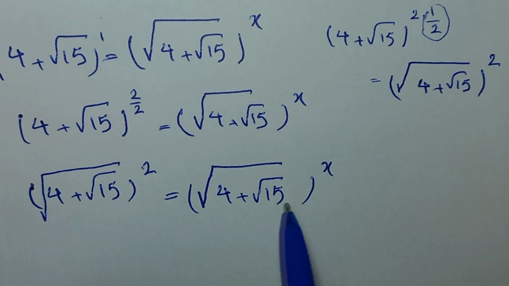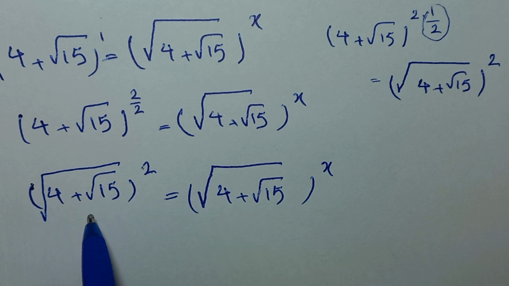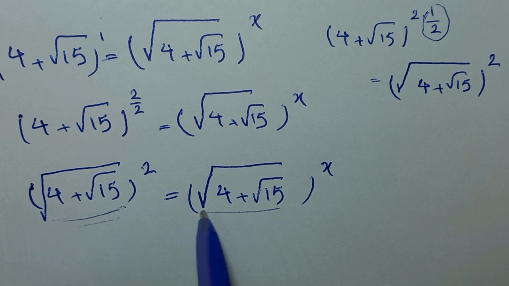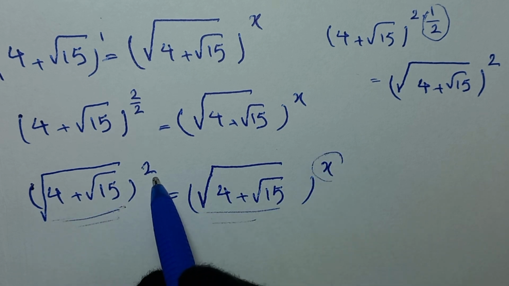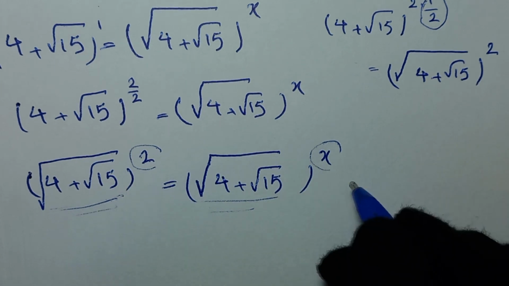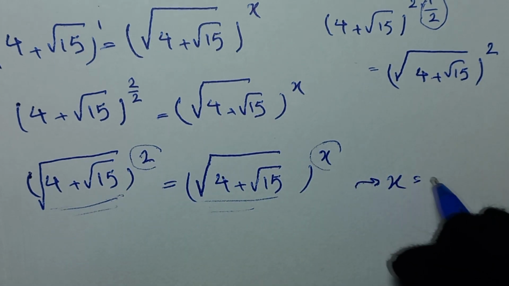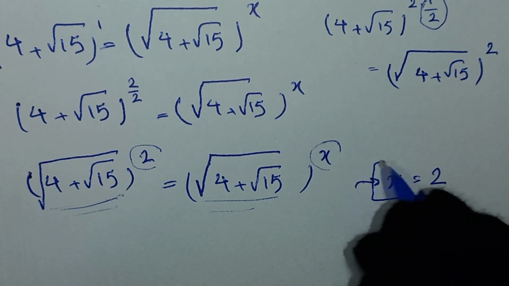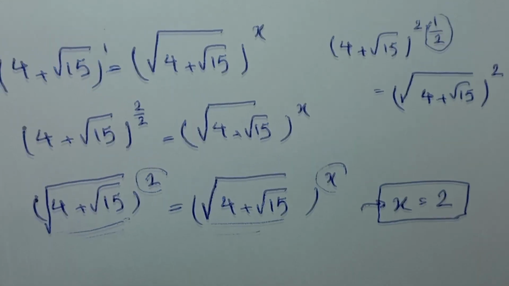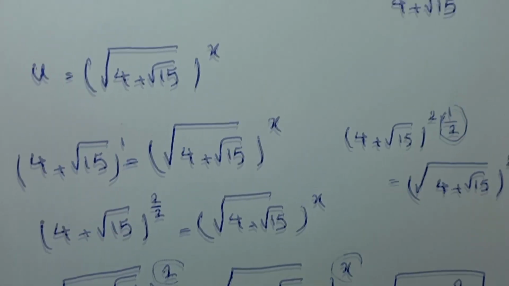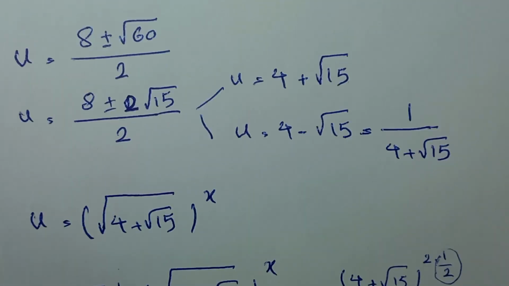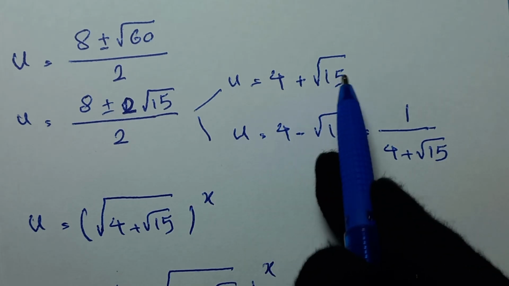And by comparing both sides of this equation, this and this are equal, so this power should be equal to this power, and in here x is equal to 2. This is the answer for u is equal to 4 plus square root of 15.